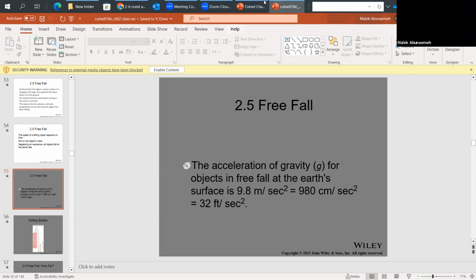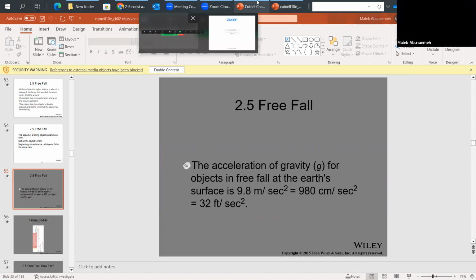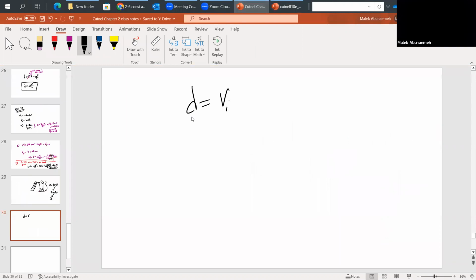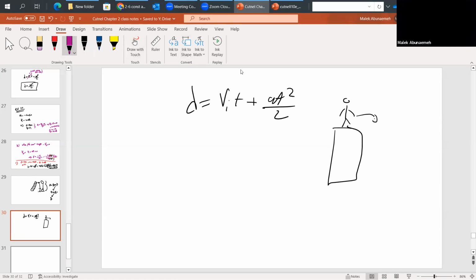So when we're talking about your distance, which is v_i t plus a t squared over 2, let's say you're standing right over here on top of the building, and you drop a stone. You drop an object going down here.